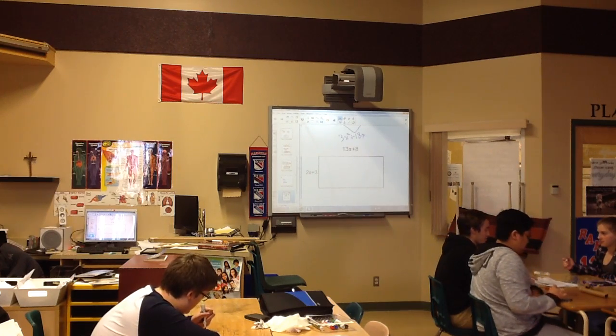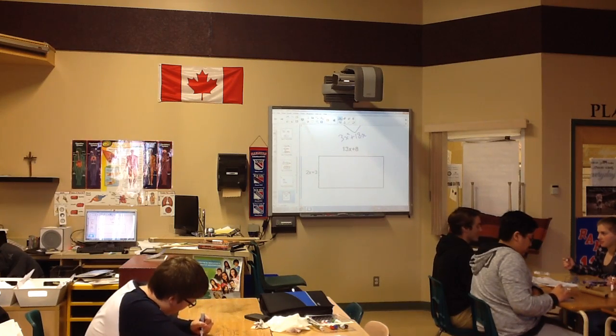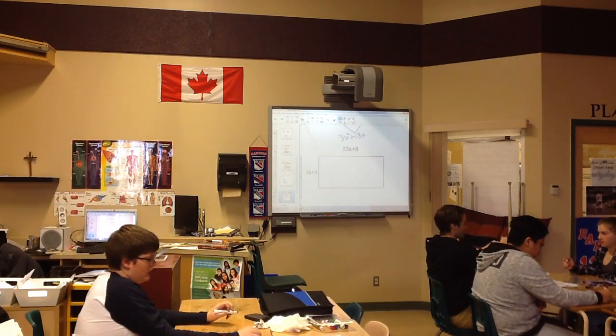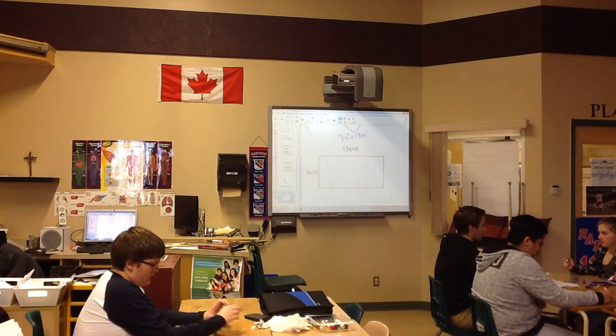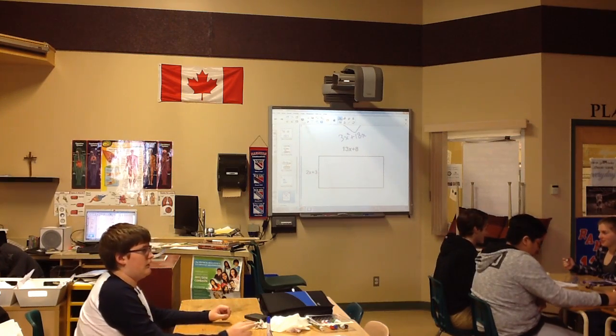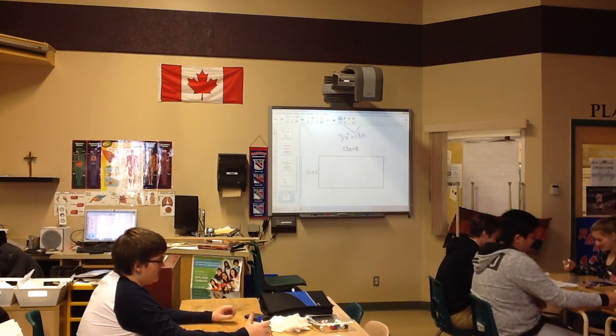You have to add them together if they're the same. If you have two x's, you will have to. Without doing any math, how many terms am I going to have in my rectangle or my box?